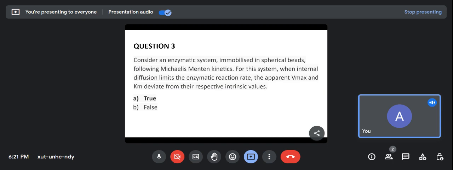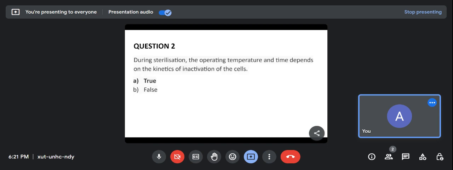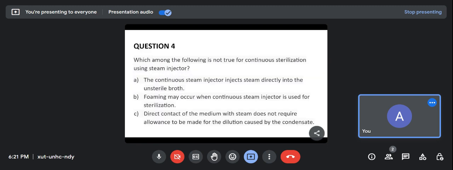Okay, let's move on to question number 4. Which among the following is not true for continuous sterilization using a steam injector? There are three options in this. Option A is the continuous steam injector injects steam directly into the unsterile broth.